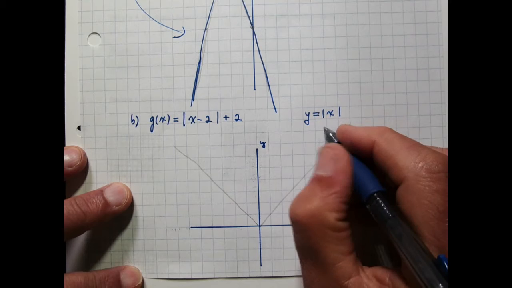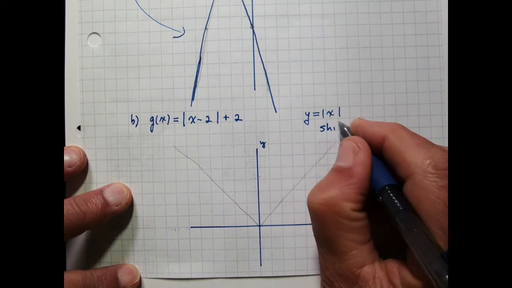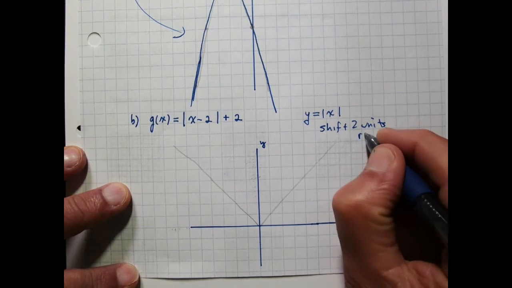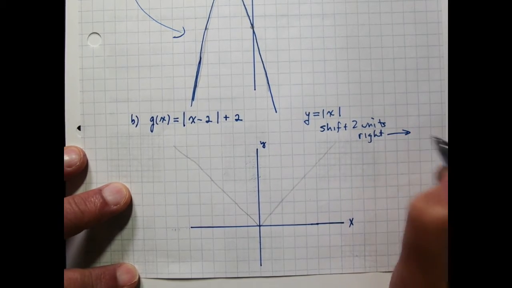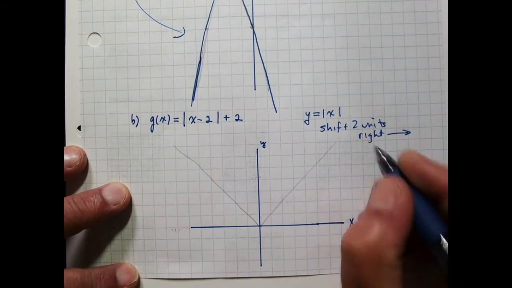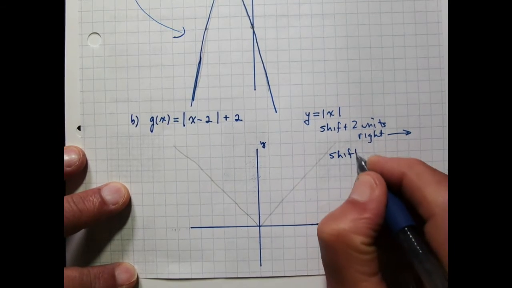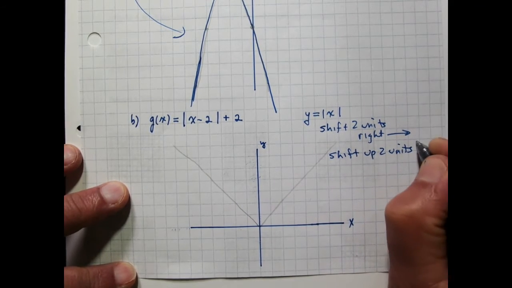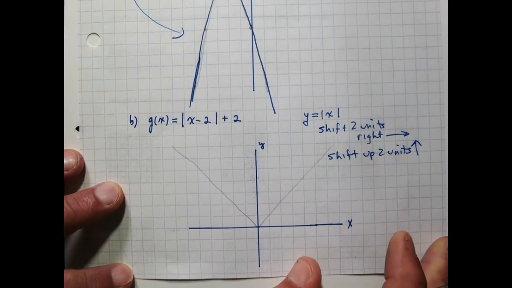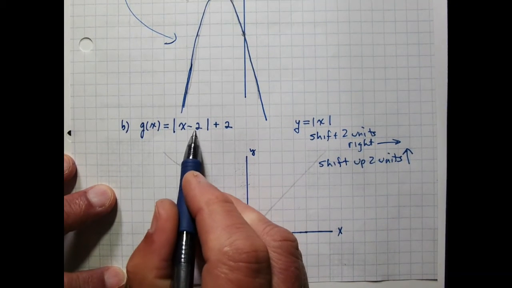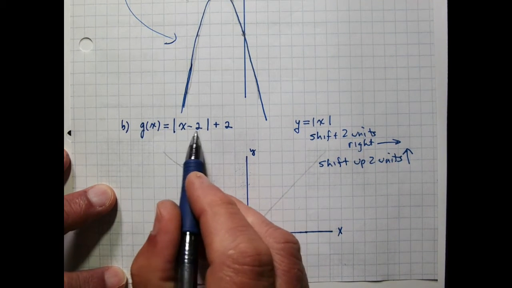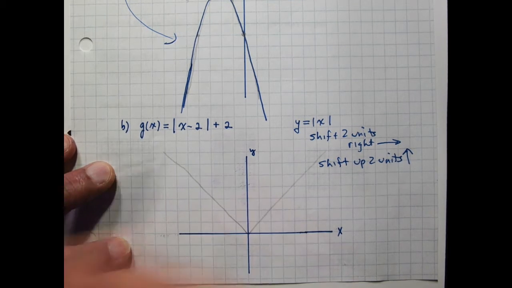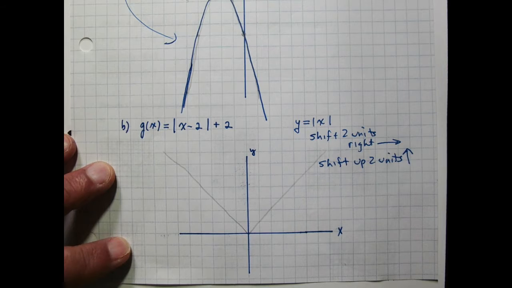So working inside to outside, we have to shift 2 units to the right, horizontally, and we also have to shift up 2 units. What I like about what we know about transformations now is that there's no way this minus 2 and plus 2 cancel each other out, which I think a beginning algebra student might say. No, not at all.